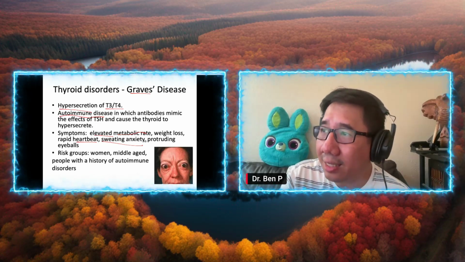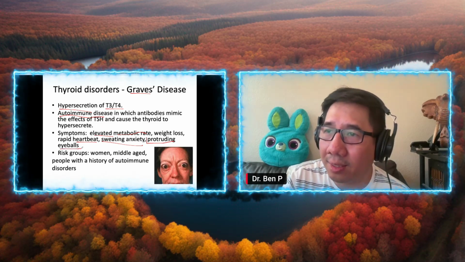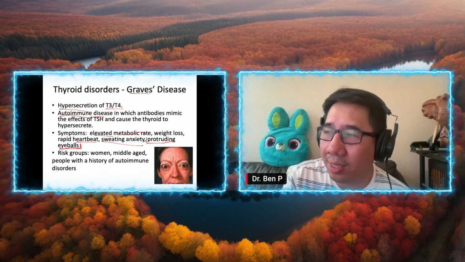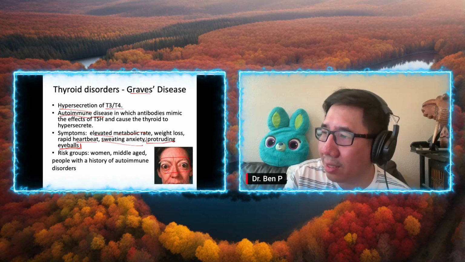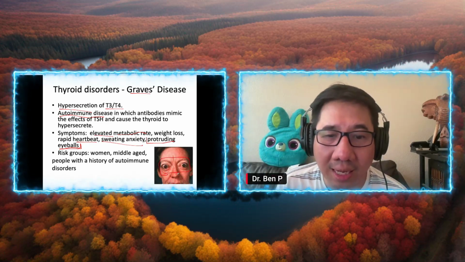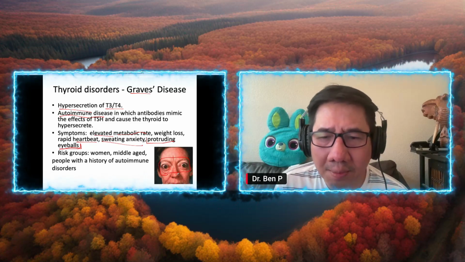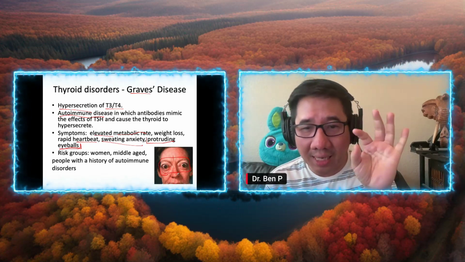The key term to remember is the protruding eyeball. This is very classic for hyperthyroidism or Graves' disease. The eyeballs are protruding out. It's caused by the muscles around your eyes.